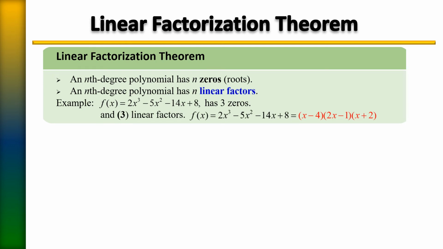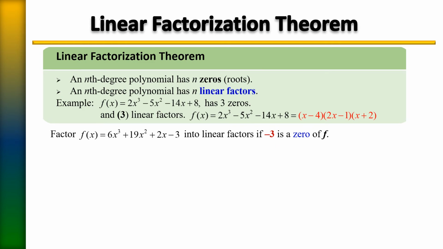Here's an example of what that polynomial factors into, and they have 3 linear factors here. So you can identify the number of zeros or linear factors simply by determining the highest degree of all the terms of the polynomial.